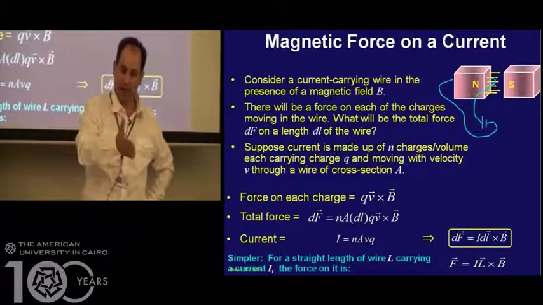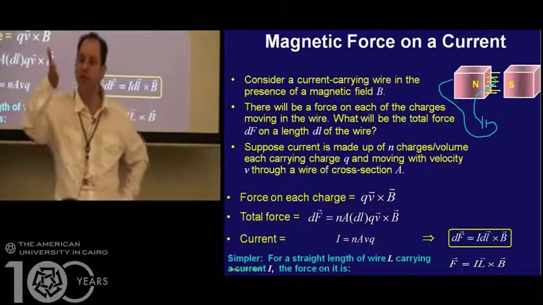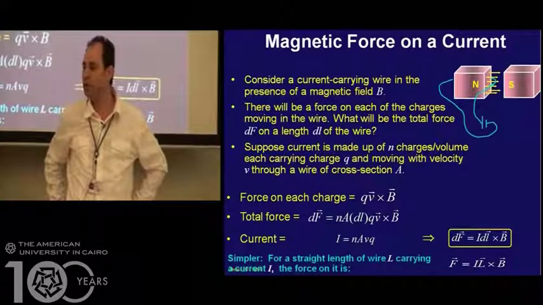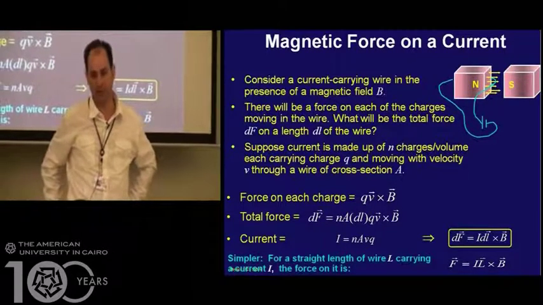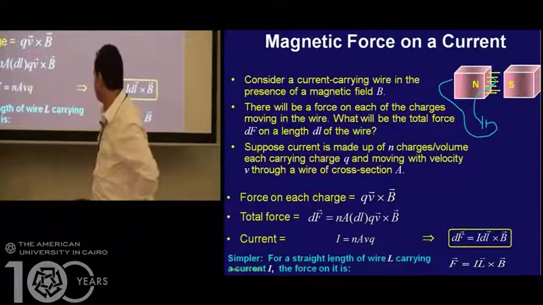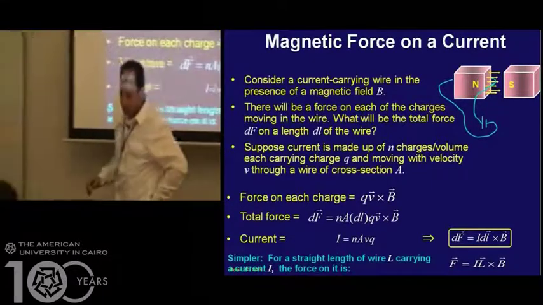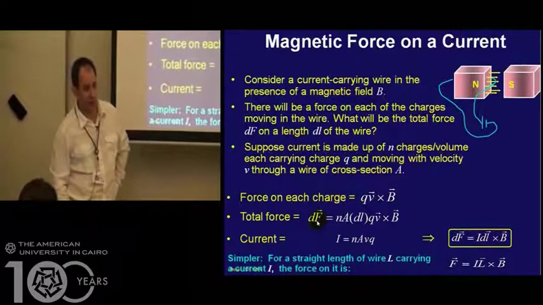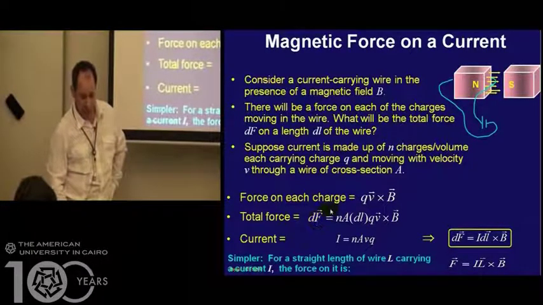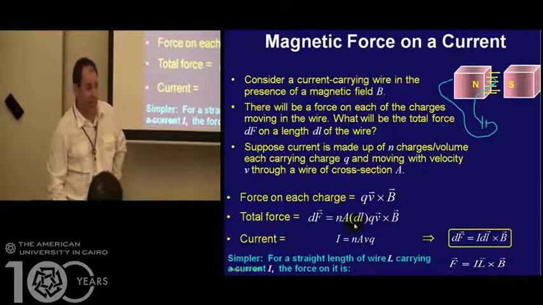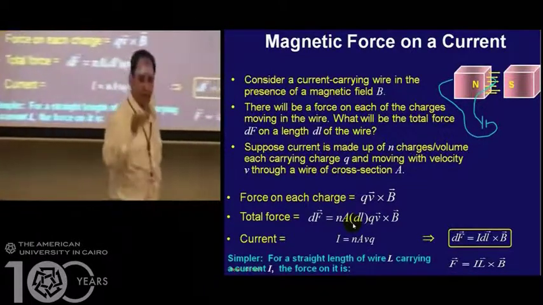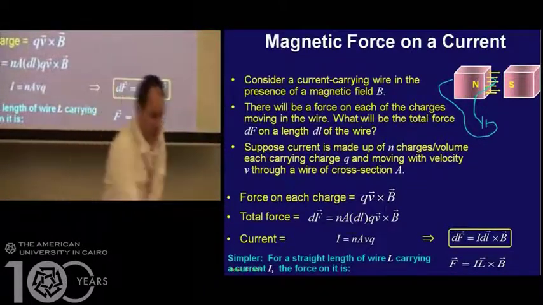So if we have a wire that carries a current inside the magnetic field, there will be a magnetic force on that wire. And we really need to know the magnitude of that force. So I'm going to assume that a small part of the wire will have a force F. That small part has an amount of charge equal to, can anyone guess how many charges are in that part of the wire?